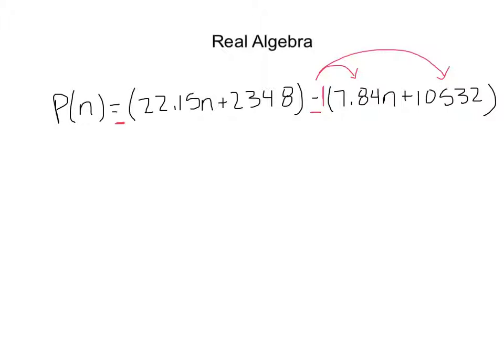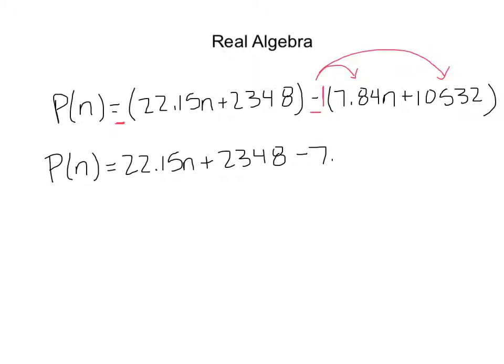So now our profit function becomes P of n equals 22.15n plus 2,348 minus 7.84n minus 10,532.